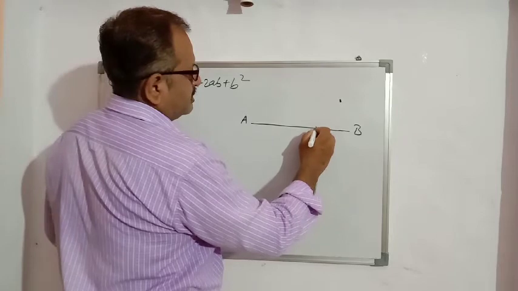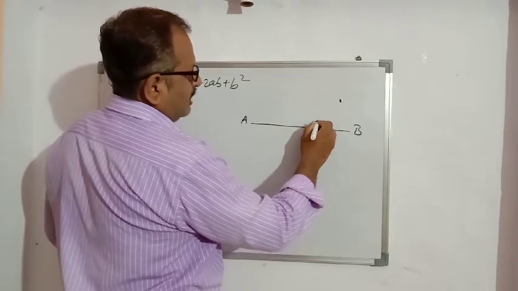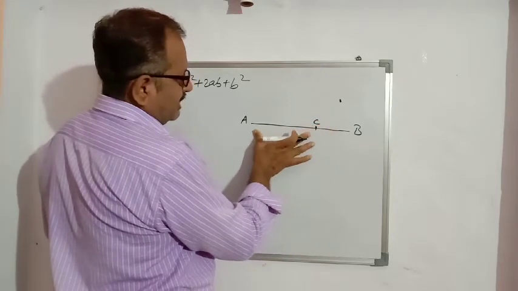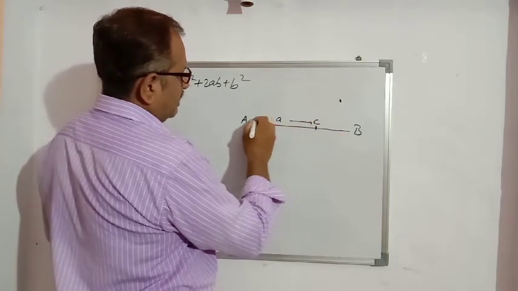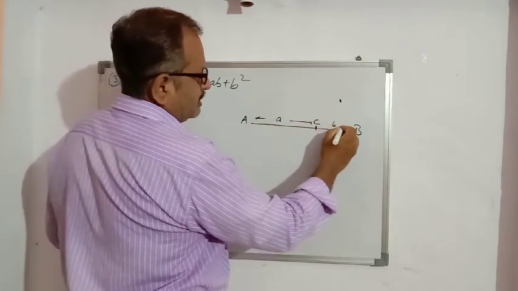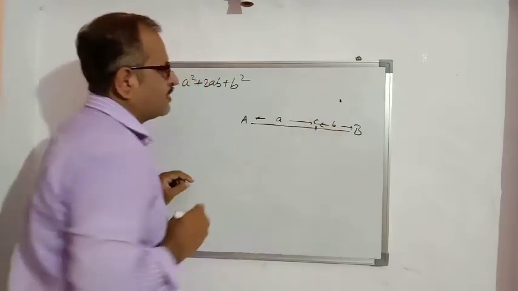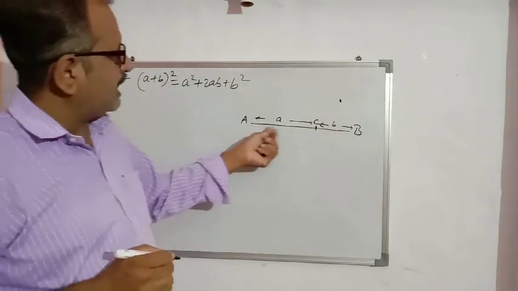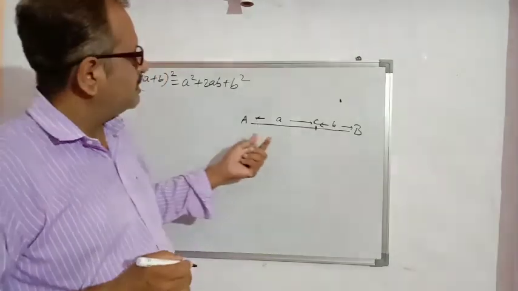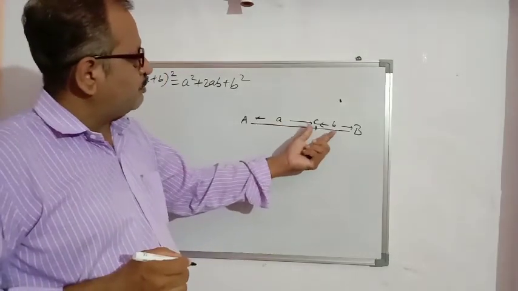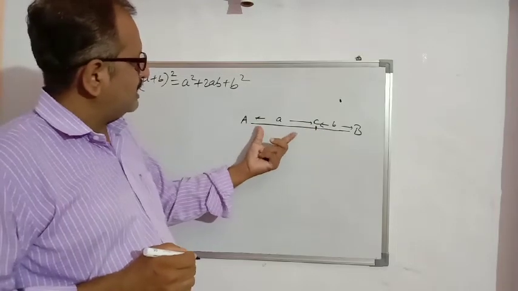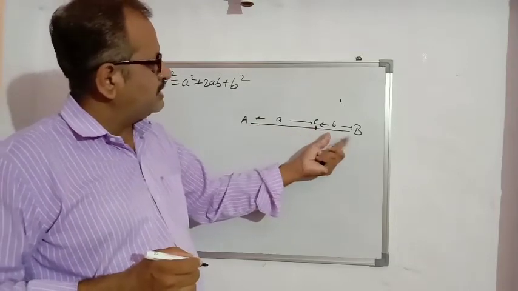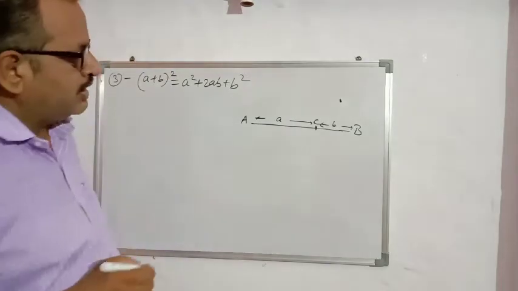Suppose this point is point C. It divides AB into two parts such that AC is a and BC is small b. Listen again. Firstly, take a line segment AB of any length. Now divide it into two parts. Let us suppose the point C divides AB such that AC is a and BC is b.